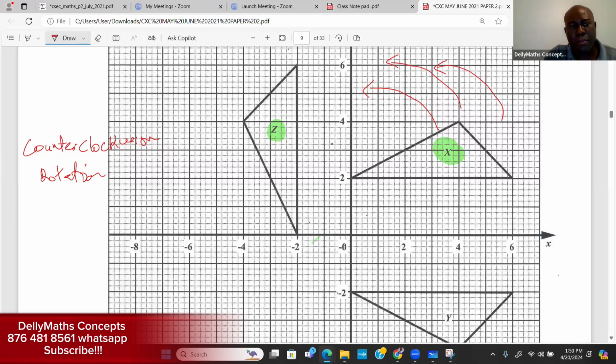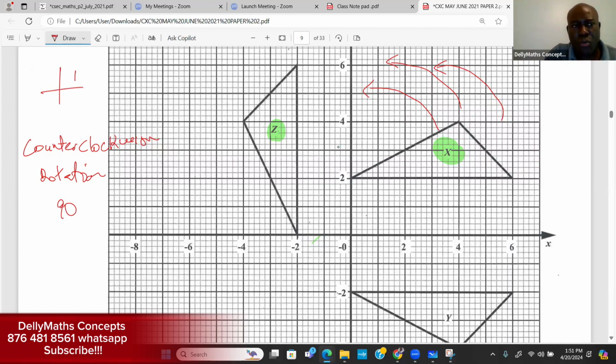Now we're looking at the angle of the rotation. Whenever you're rotating and you move from one quadrant to the next quadrant, it's 90 degrees already, because 90 degrees will always just go next door, right? So that's the 90 degrees. And when we say next door, I'm referring to your quadrants.